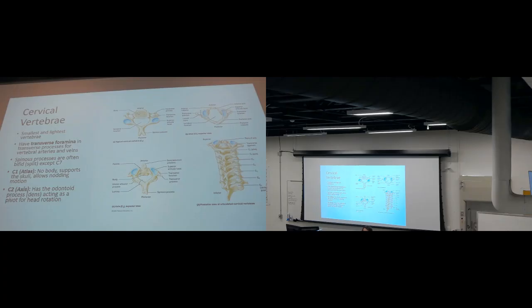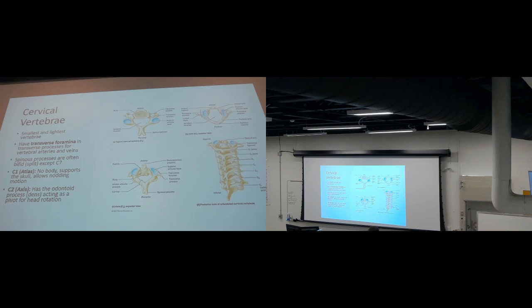Because of this, we can rock the condyles of the occipital bone over the lateral masses of the Atlas. And what can we do with that? We can do this. We can nod.